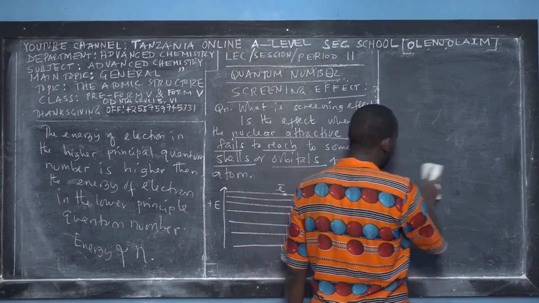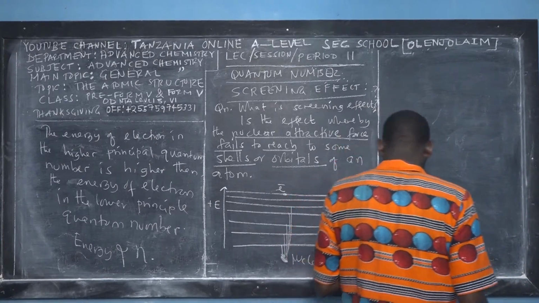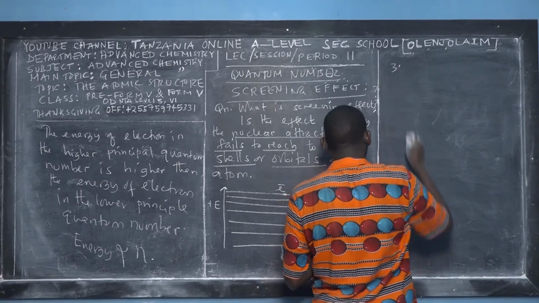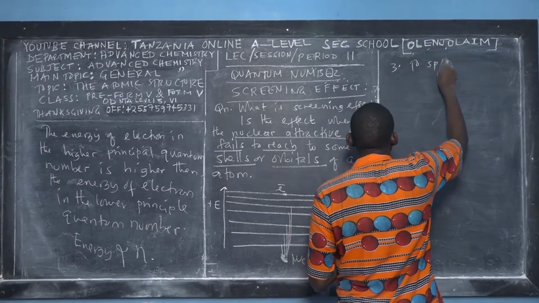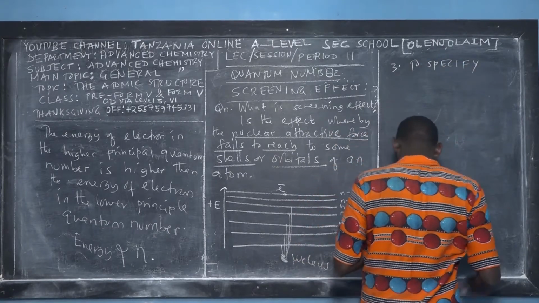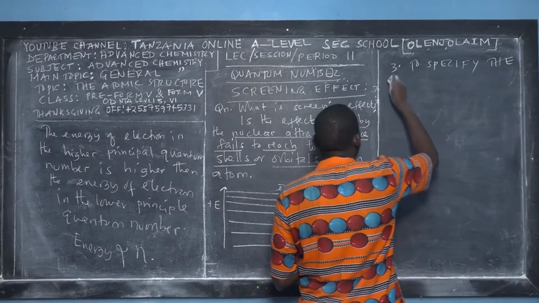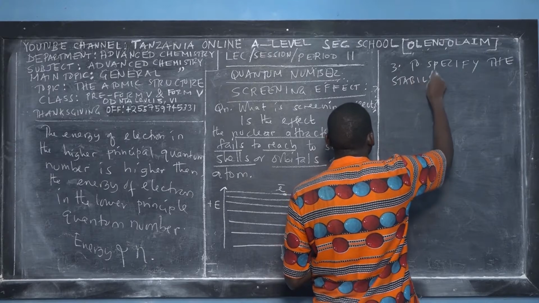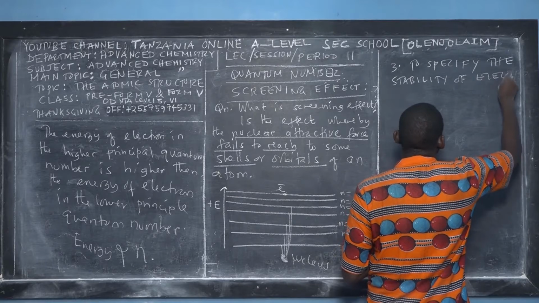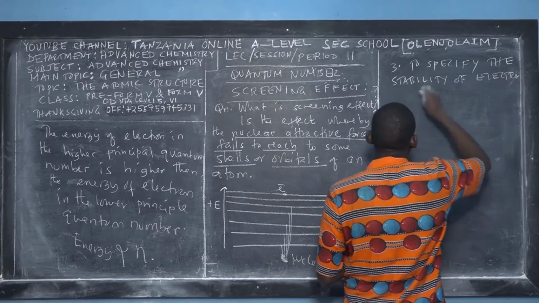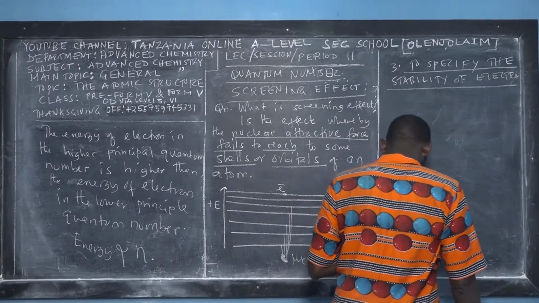So let me teach you the third application of the principal quantum number and end this lecture. Number 3, the principal quantum number is used to specify the stability of an electron.